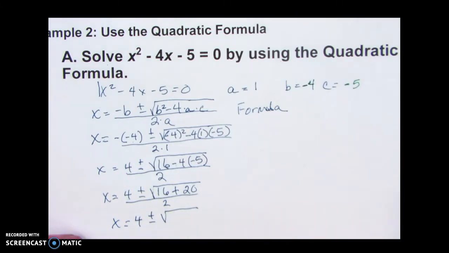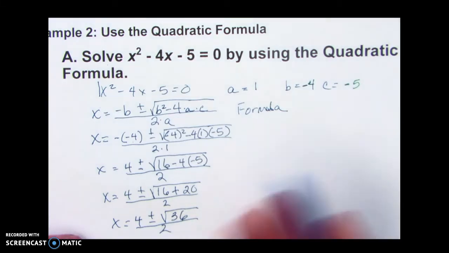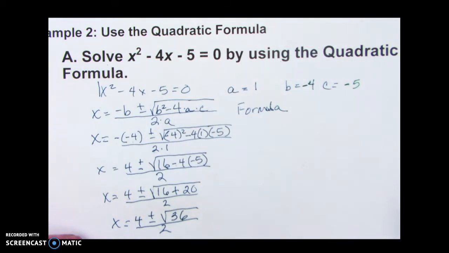Now we're going to add 16 plus 20, and what are we going to get? 36, divided by 2. Next line down. Now it's going to look like a different problem because the square root of 36 is what? 6. So x equals 4 plus or minus 6 divided by 2.